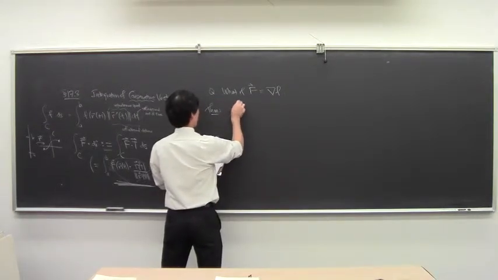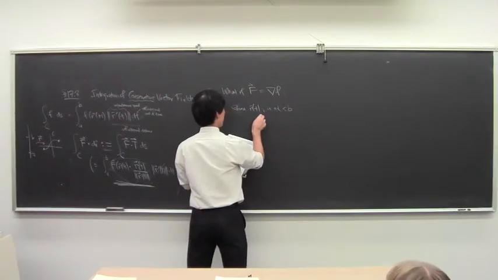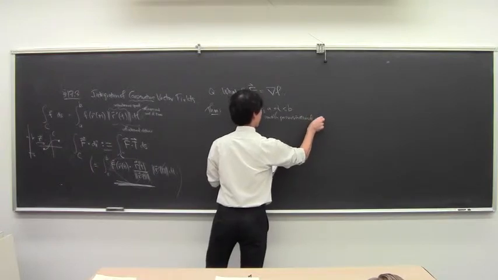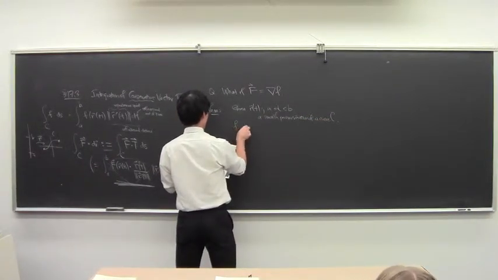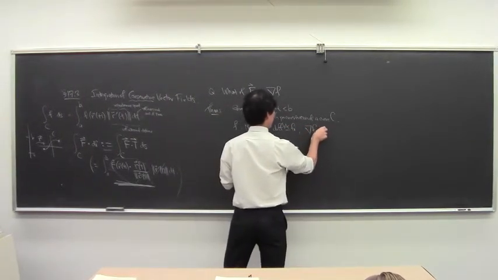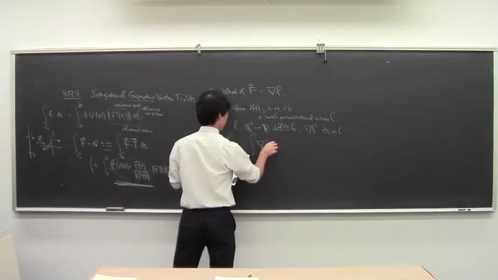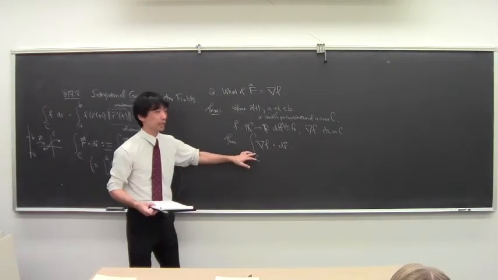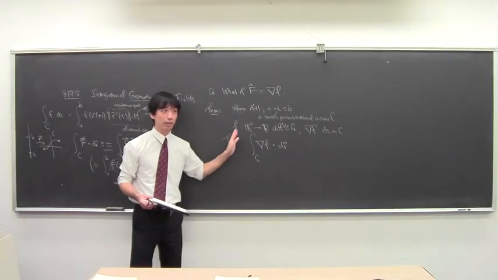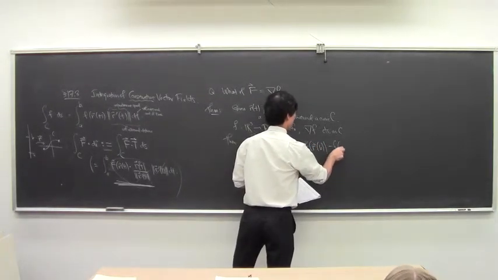Given some conditions, let r(t), as t goes from a to b, be a smooth parameterization of a curve C, and given a differentiable function f with the gradient continuous on C, then if we calculate the integral of that gradient vector field over the curve, it turns out that you get f at one endpoint minus f at the other endpoint.